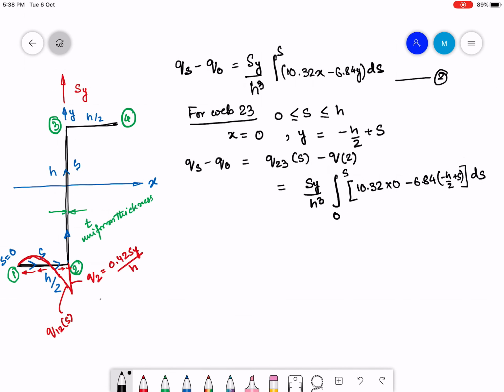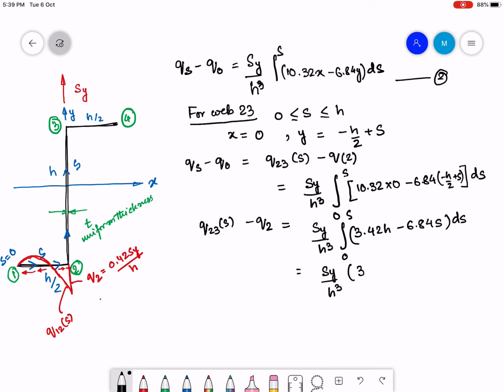Okay, so if I simplify this, Q23(S) minus Q2 is going to be Sy by H cube, integral 0 to S, of 3.42 H minus 6.84 S into ds.